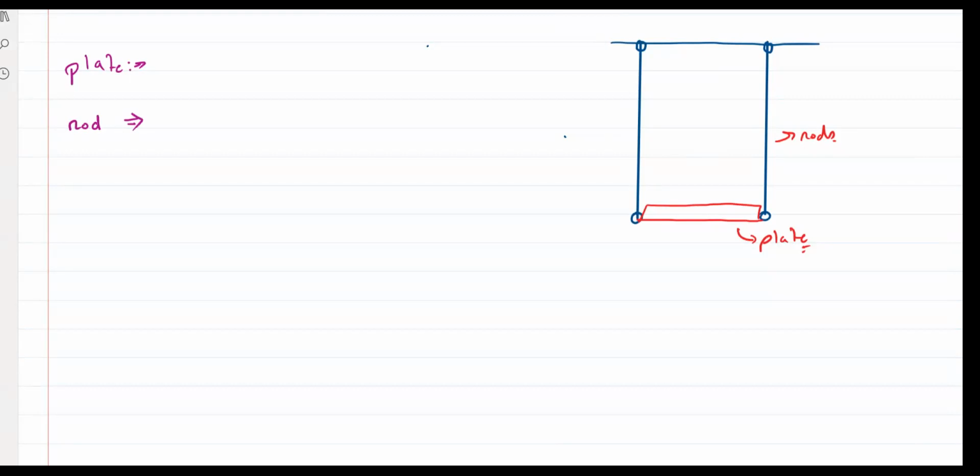What is there in the plate? Circular. Yes, the plate is circular.